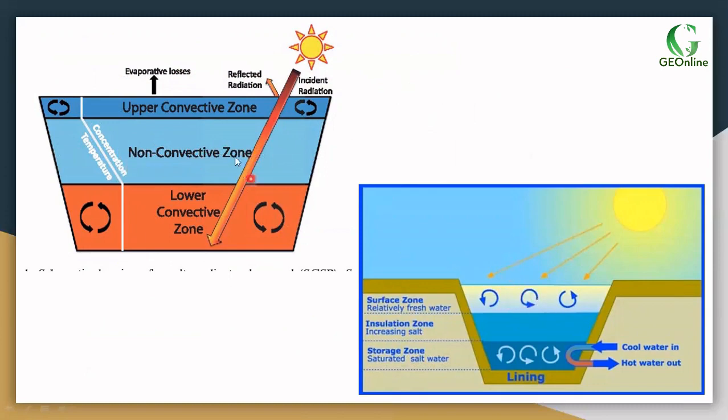This is another figure of a solar pond in which the surface zone is the freshwater zone. Second is the insulation zone, because it traps the heat energy which is stored in the lower convective zone. And last is the most saturated zone.